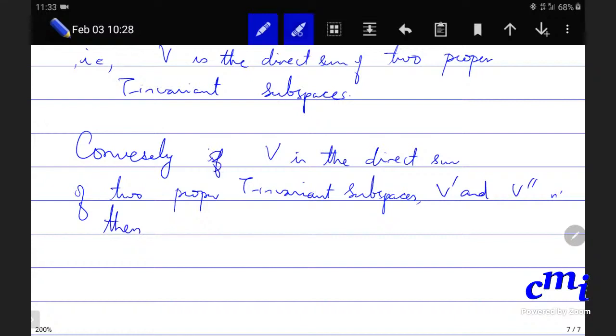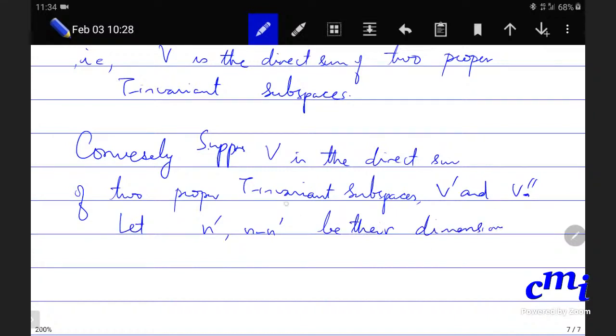Let n prime and n minus n prime be their dimensions.